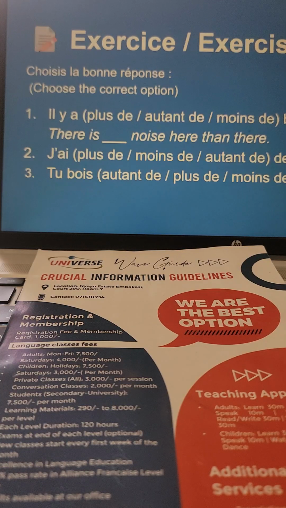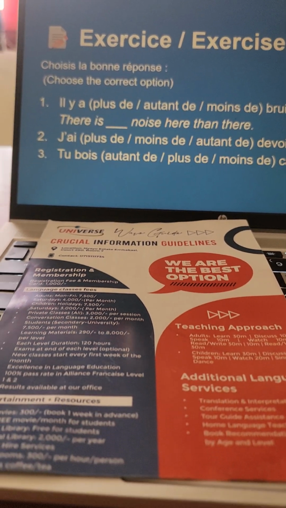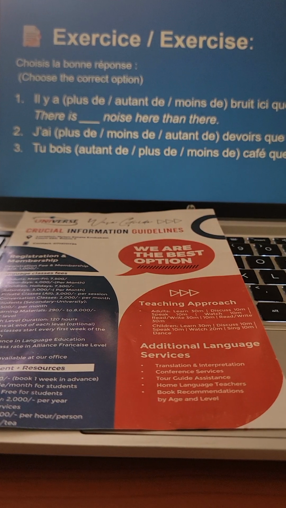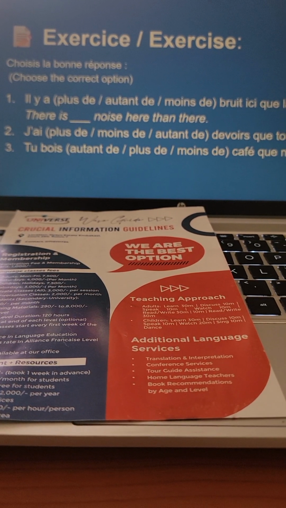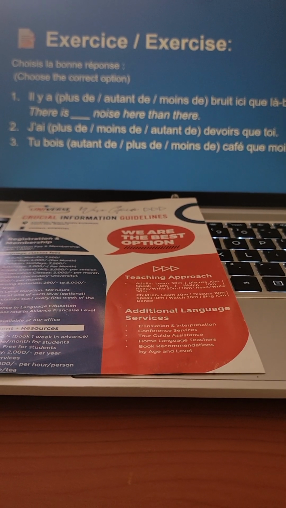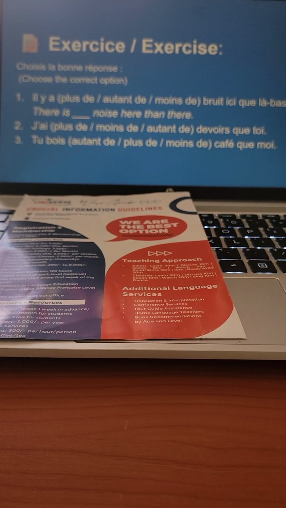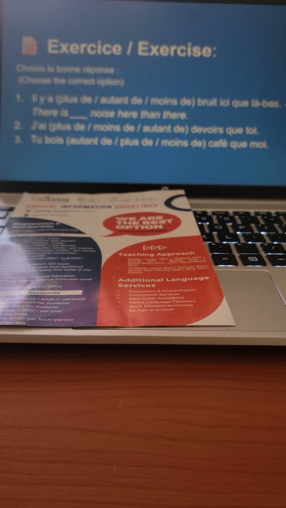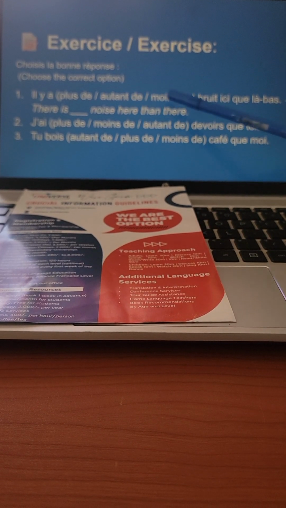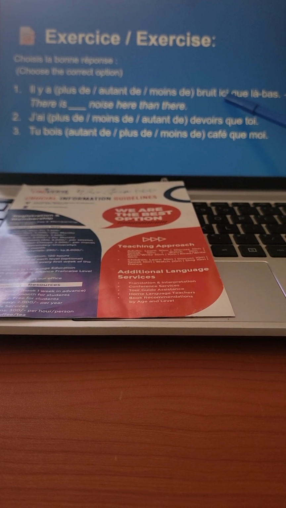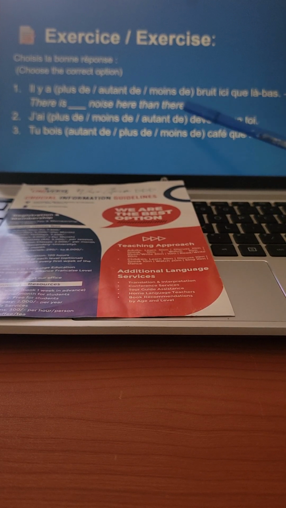Good. Let's see. So try this. Choose the correct option. Choisis la bonne réponse. Il y a plus de, autant de, moins de bruit ici que là-bas. There is dash noise here than there.